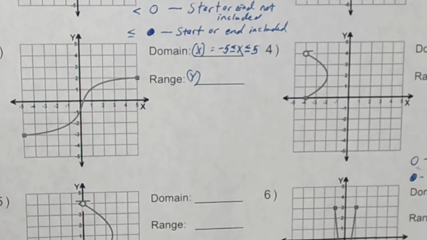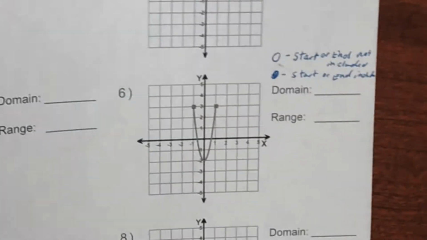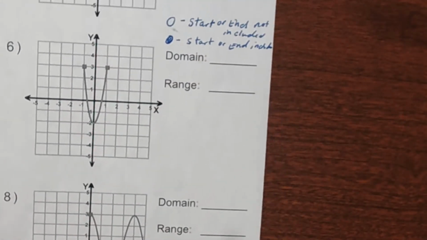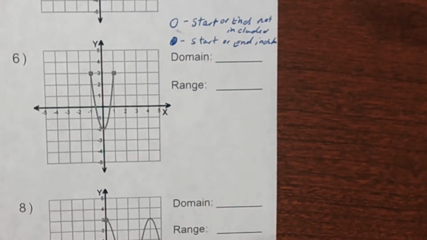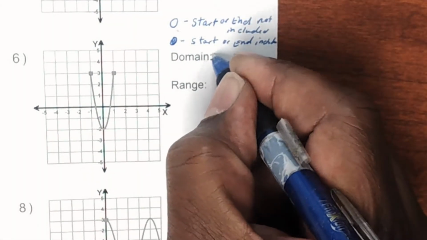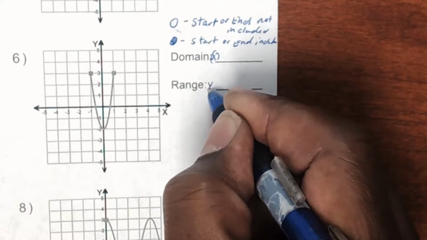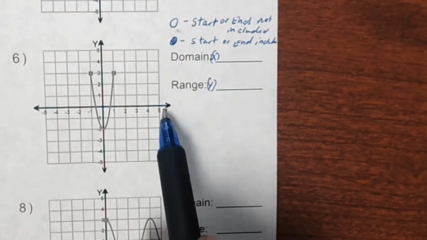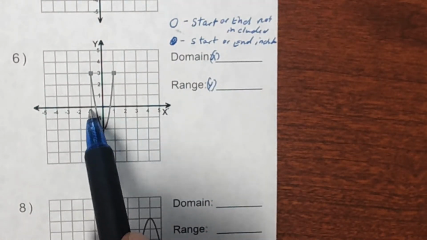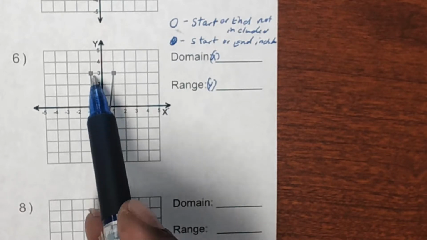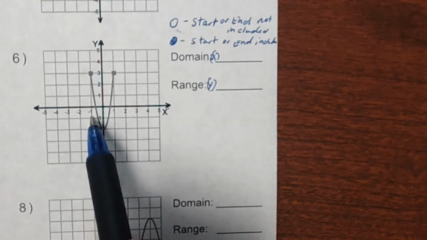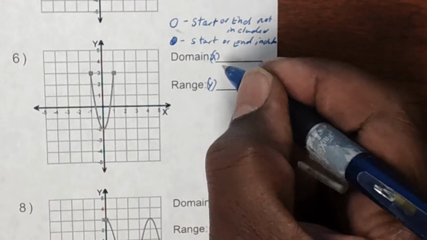The second problem, number 6, doing a domain and range again on the graph. Your domain is your x values. Your range is your y values. On your x-axis, your smallest value on this graph is here, which is denoted as -1.